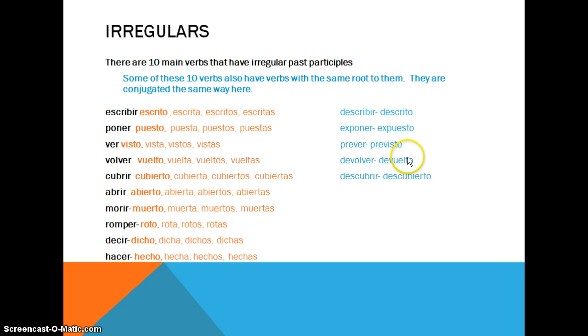Devolver would be devuelto, and descubrir, descubierto. And of course, I've got the feminine singular, feminine plural, and masculine plural options as well. So I've also got descritos, descrita, descritas, expuesto, expuesta, expuestos, expuestas, previsto, prevista, previstos, previstas, and so on.